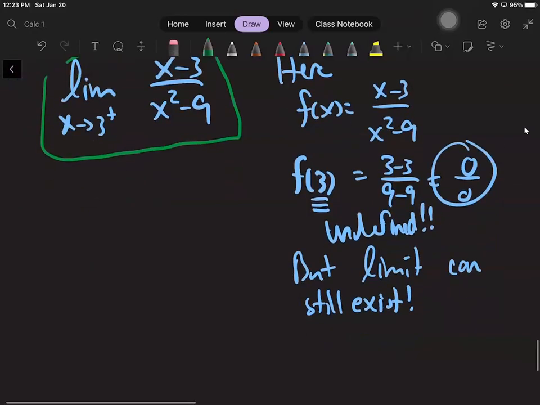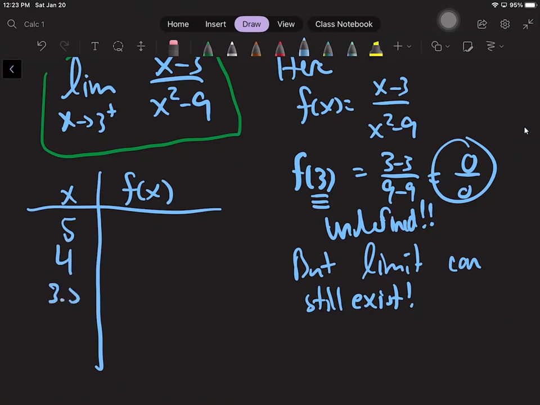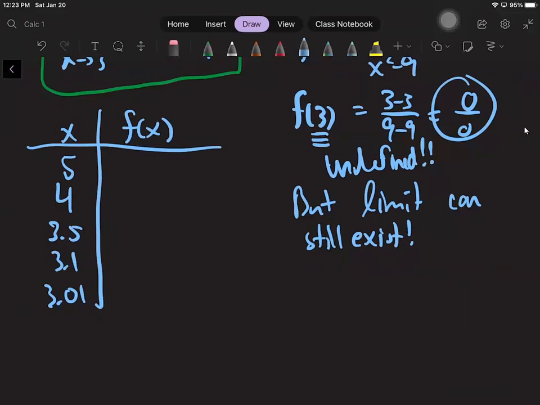And so we'll just make our little chart again. If you have a calculator handy, it'll be easier for you to just do it yourself. I'll just give you numbers you could try plugging in. This one is kind of hard to see what it's going towards. But as you plug this in, this will go towards 1 over 6.